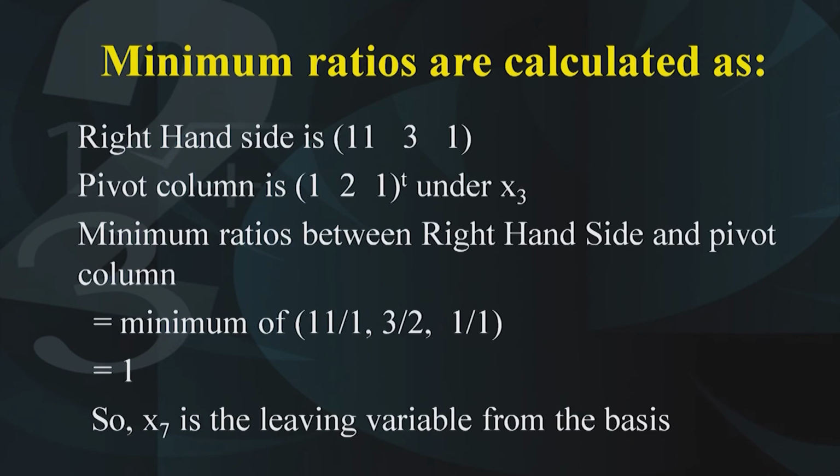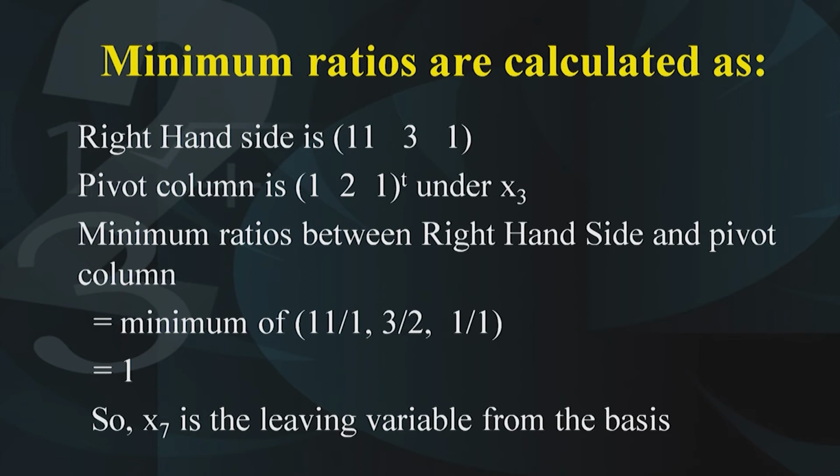We look at the right hand side, which is 11, 3 and 1, and similarly the pivot column, which is 1, 2 and 1, and we look at these ratios: 11 upon 1, 3 upon 2 and 1 upon 1.